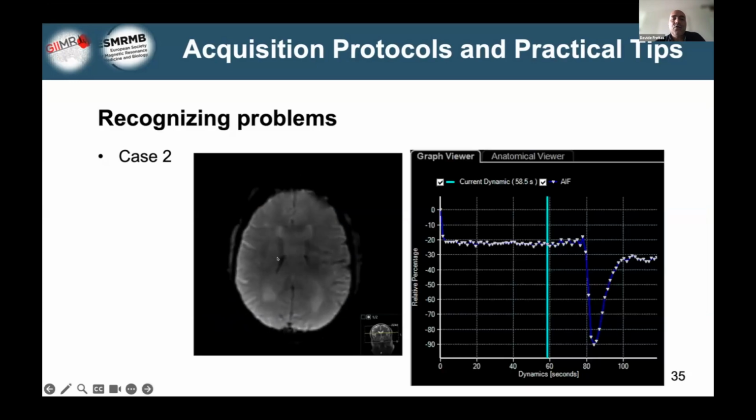The curve shows a late arrival of the bolus with the signal drop occurring much later than expected. This usually reflects a delay in the contrast administration or timing mismatch between the injection and the acquisition and could compromise the reliability of perfusion analysis.